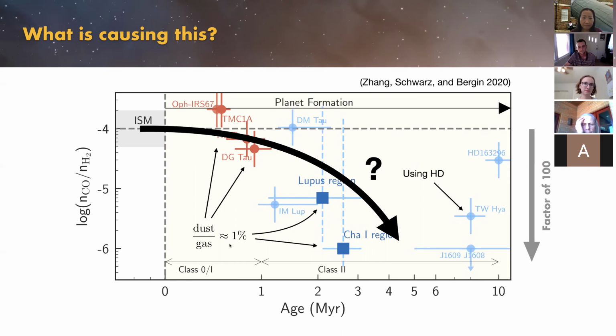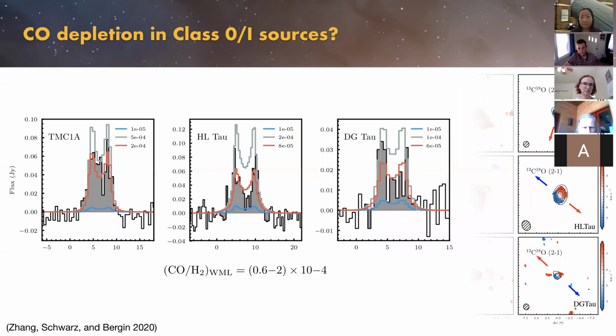And you were showing line profiles. Is there a way the line profiles confirm the CO to H ratio? Right. So these are models for different CO to H ratios. Right, but I don't understand how you model these. You're just modeling a CO abundance, right? Yeah. You take your best guess for the temperature and density structure for a disk that comes from fitting the SED and looking at the dust.